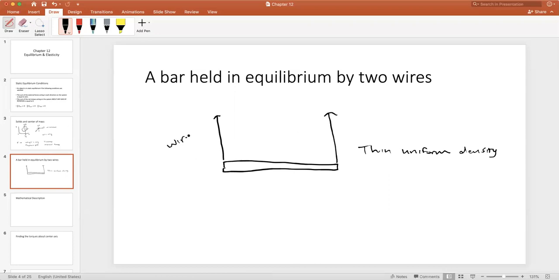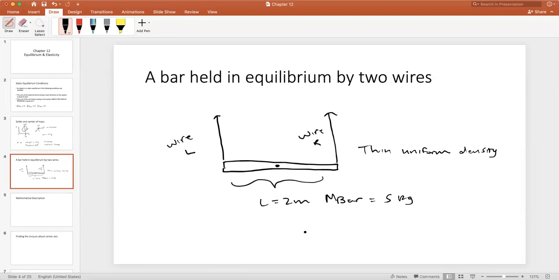So wire left, wire right, and it has a center of mass exactly at the middle of it. And this whole length is going to be 2 meters, and the entire bar, let's say, weighs 5 kilograms. So the mass of this whole bar is 5 kilograms.